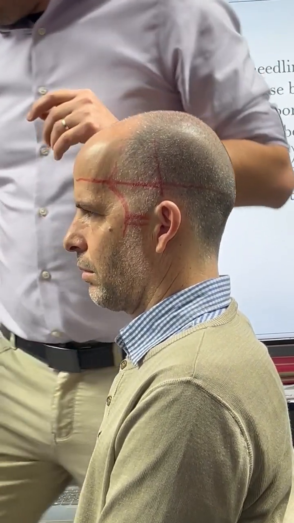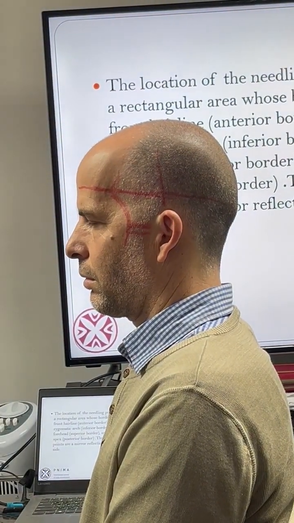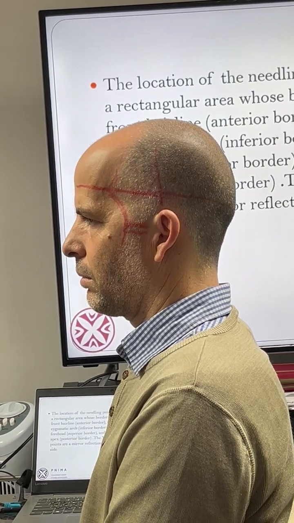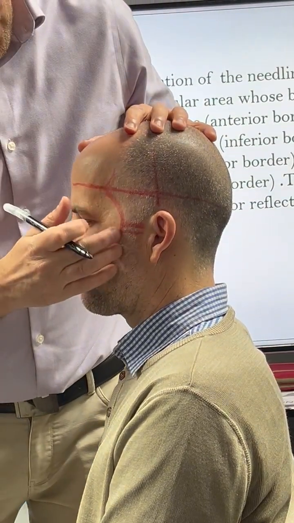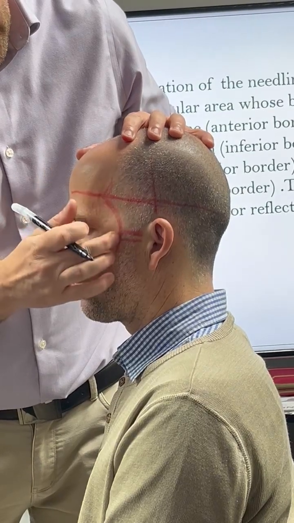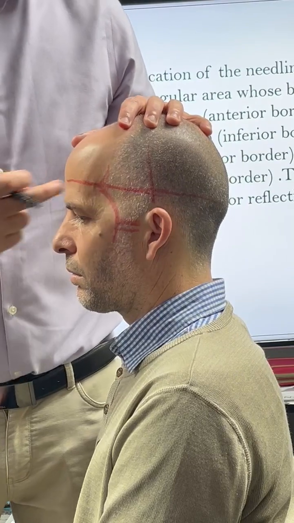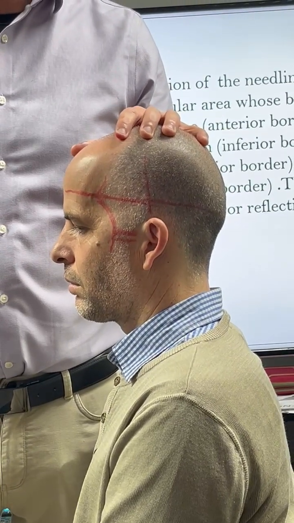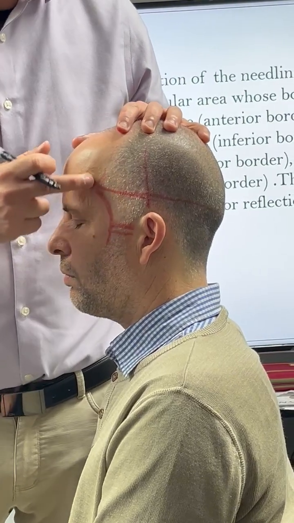Okay, now let's start putting the points together. So like we said, in the anterior border we have 4 points. We will start with the upper one and lower one. By the way, I think in 95% of your patients, you will see this like triangle, right?